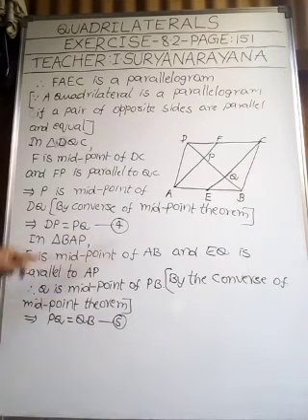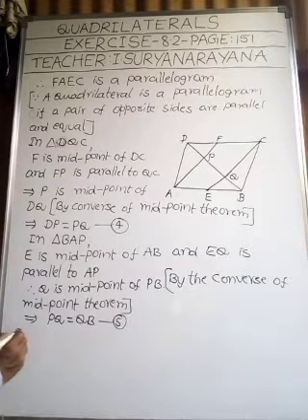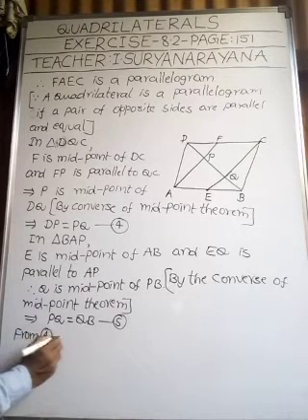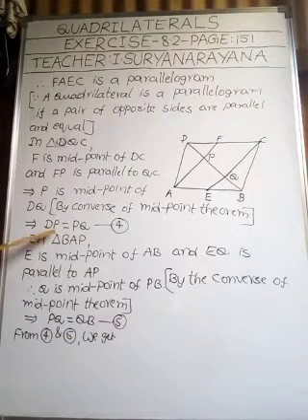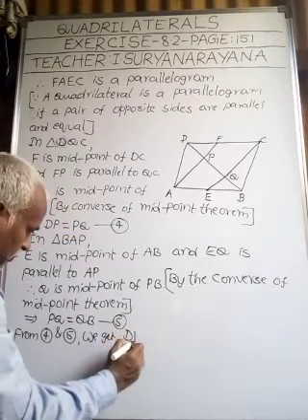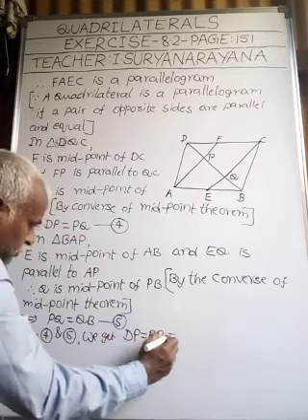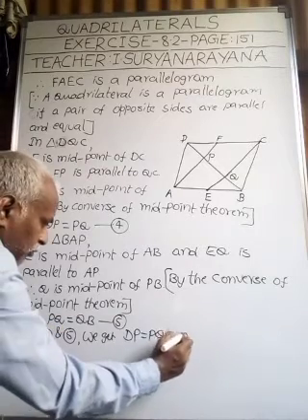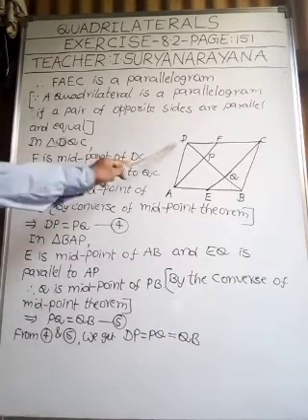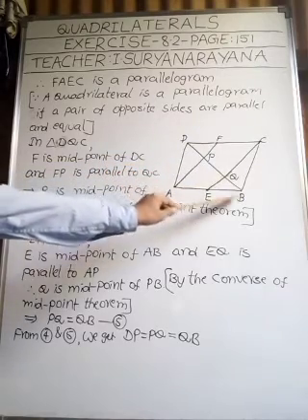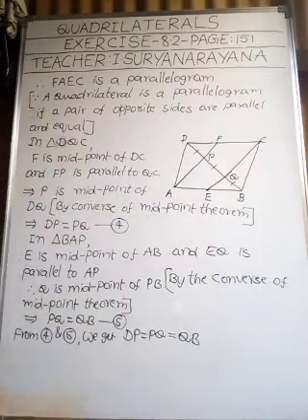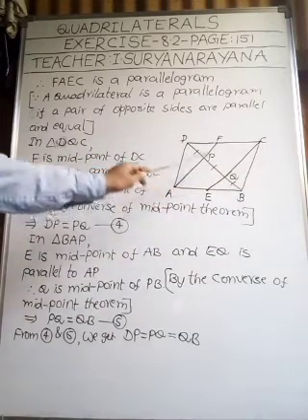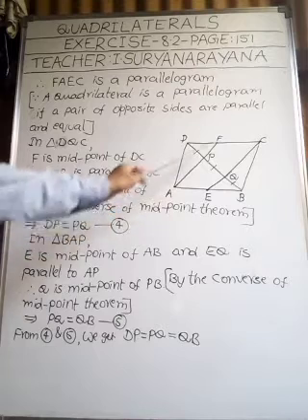From equations 4 and 5, we get DP is equal to PQ and PQ is equal to QB. So all these are of equal length. So the diagonal BD is trisected by the line segments AF and EC.